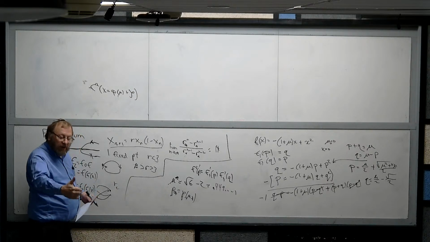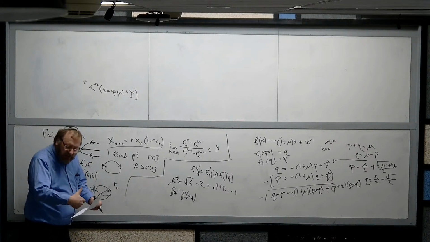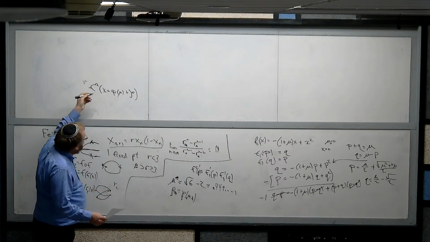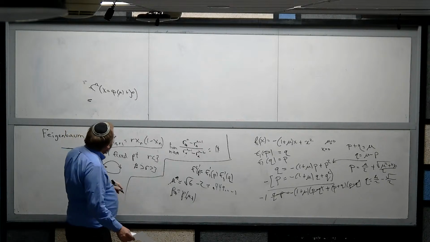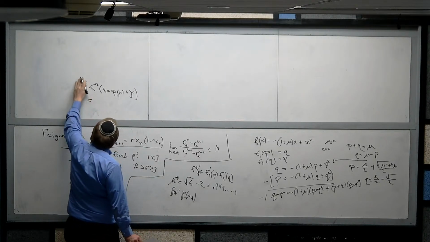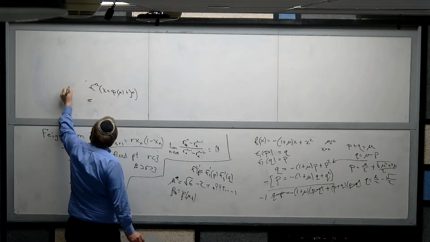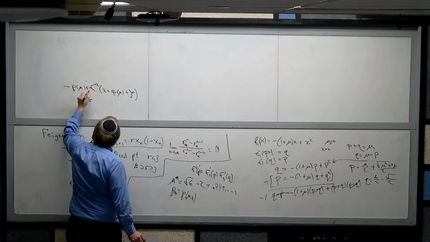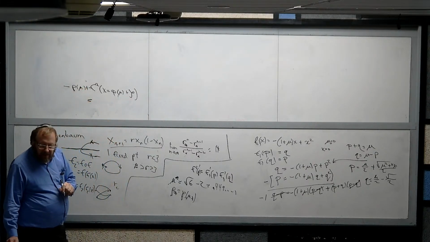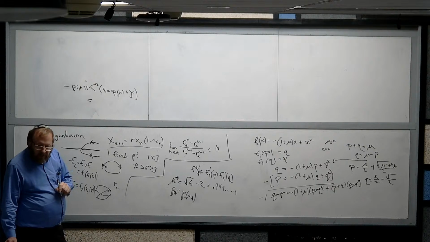But p is actually a function of mu, so we're going to track it. You plug that in, and we're going to take away minus p of mu, so that this will have a fixed point at zeta equals 0.